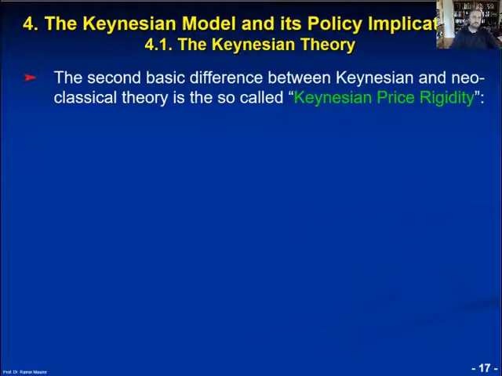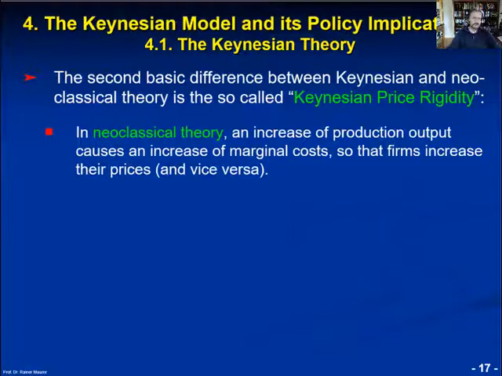The second basic difference between Keynesian and neoclassical theory is what we have called Keynesian price rigidity. In neoclassical theory, an increase of production output causes an increase of marginal costs, so that firms increase their prices, and vice versa.